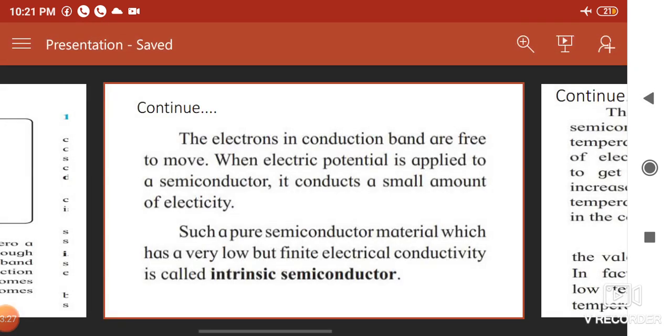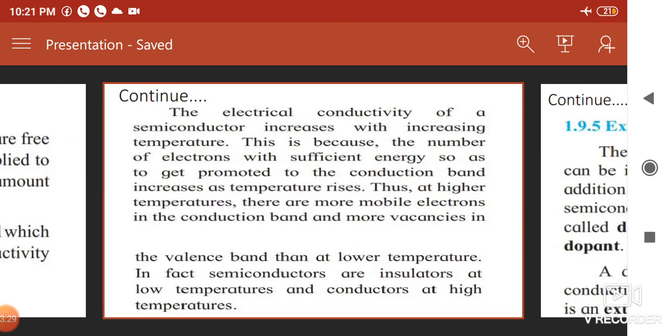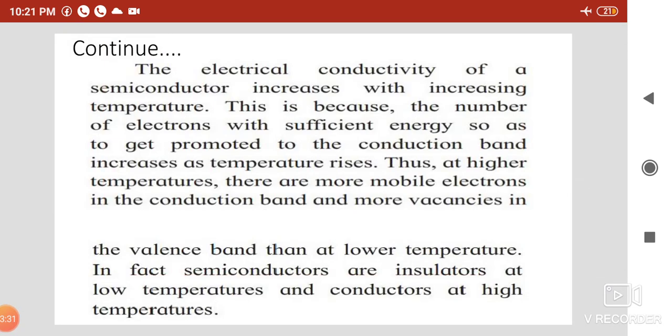In an intrinsic semiconductor, the electrical conductivity increases with increasing temperature. If we increase the temperature, the electrical conductivity will increase. This is because electrons from the valence band are promoted to the conduction band.